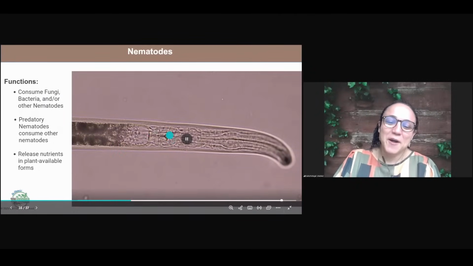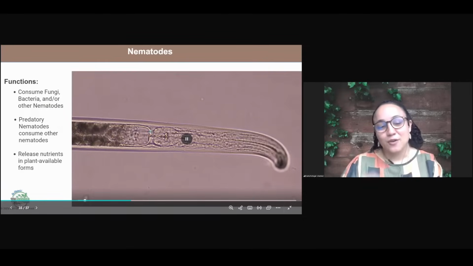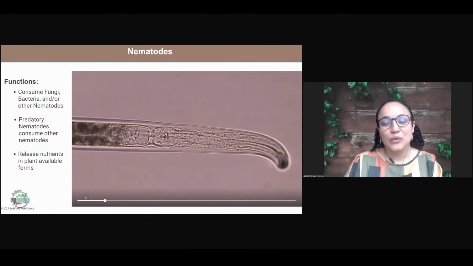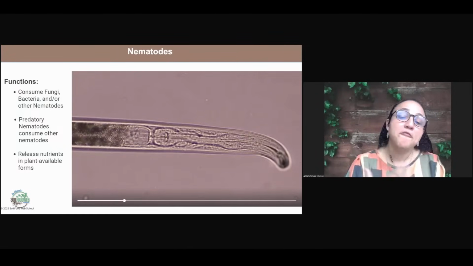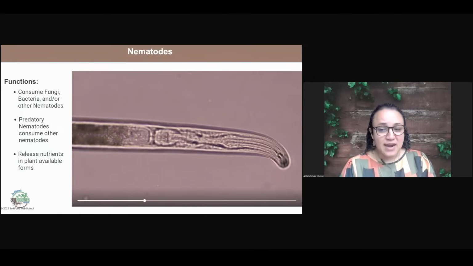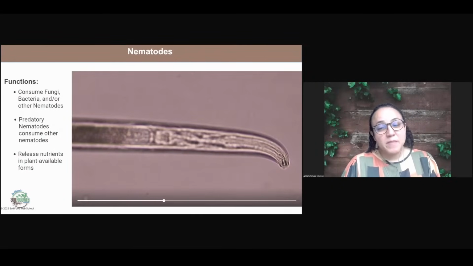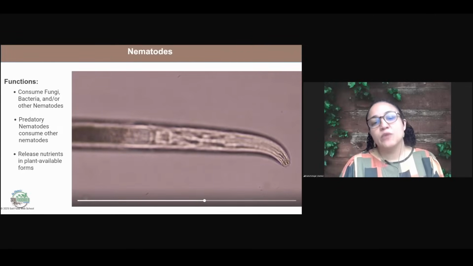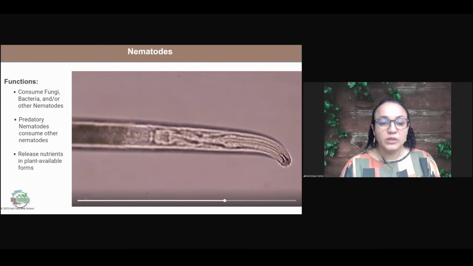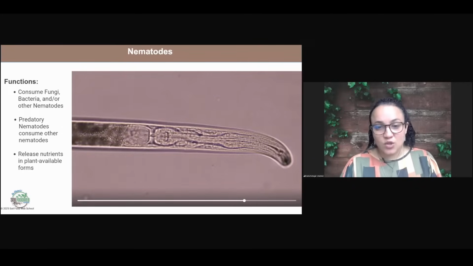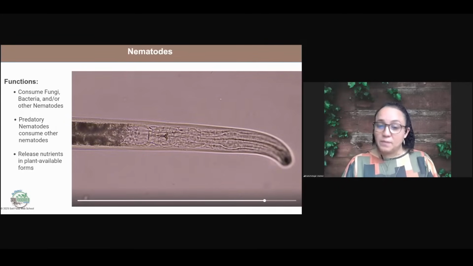You will learn with us how to differentiate the four main groups based on the mouth parts of the nematodes. Here at the school, we don't worry much about species, even though when you are working with a crop and you have known organisms that are disease causers, of course, you're going to look for information about them.